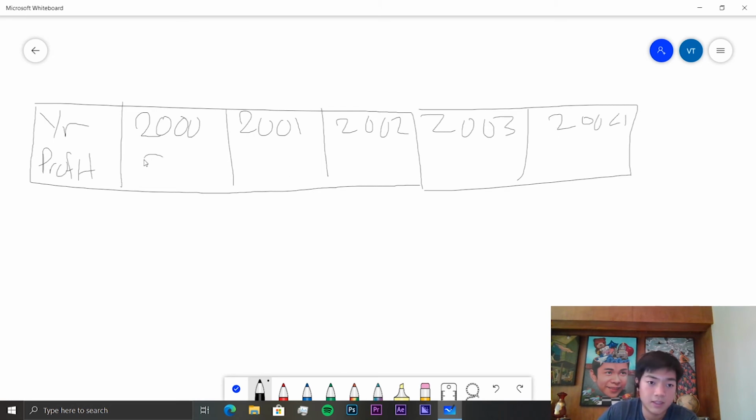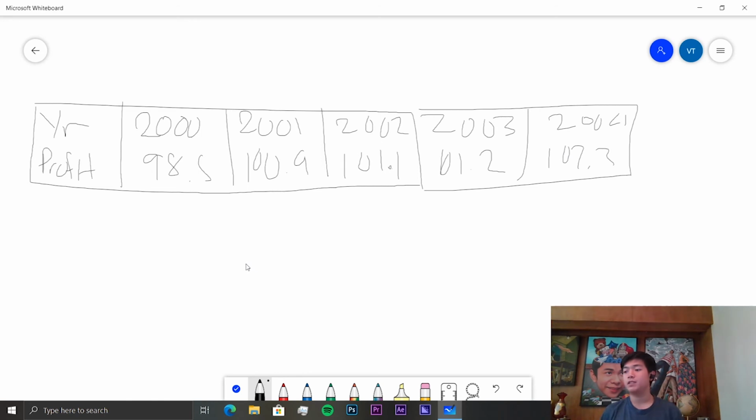The profits are 98.5, 100.9, 101.1, 101.2, and 102.3, in thousands of dollars, by the way. So the first thing is we need to find the average rate at which the profits varied between 2000 and 2002.